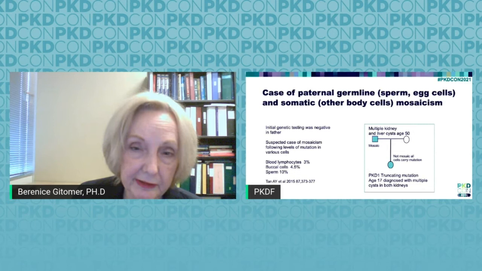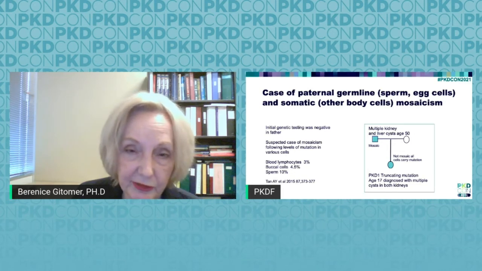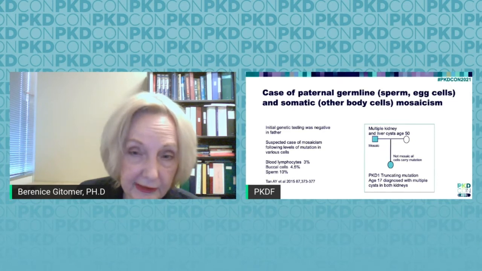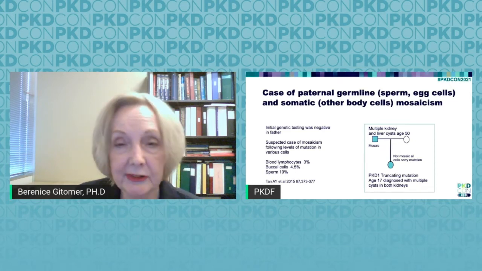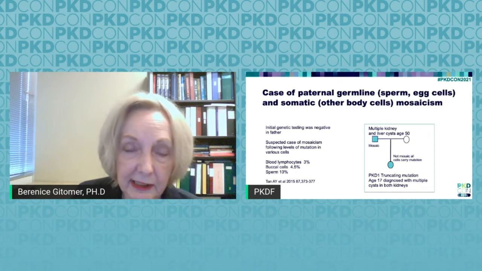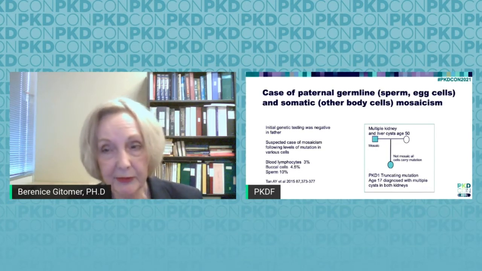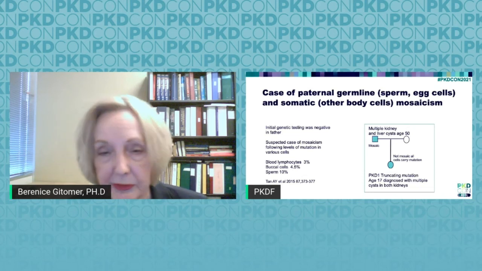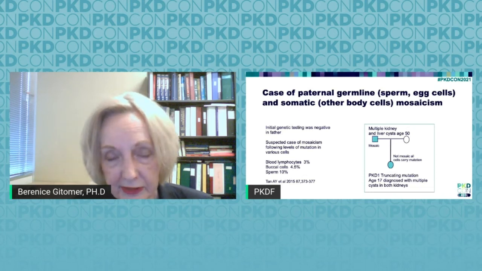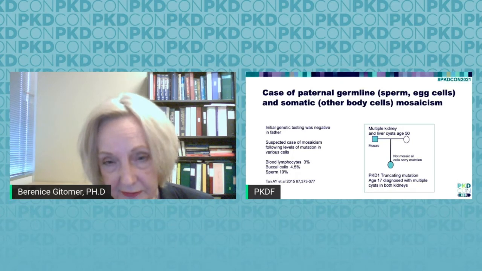Further analysis of the parent showed that in the father's blood cells, the mutation was only present in about 3%. And in buccal cells that line your mouth, these are the 2 types of cells often used for genetic testing. So it would have been easy to miss this mutation.